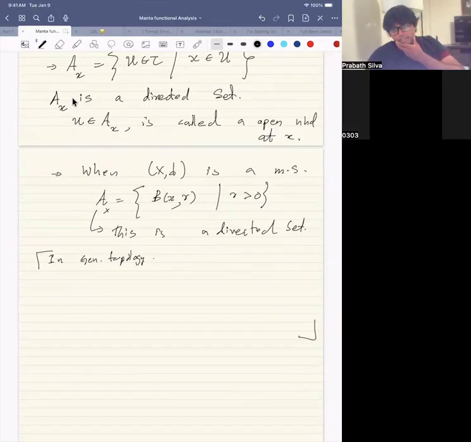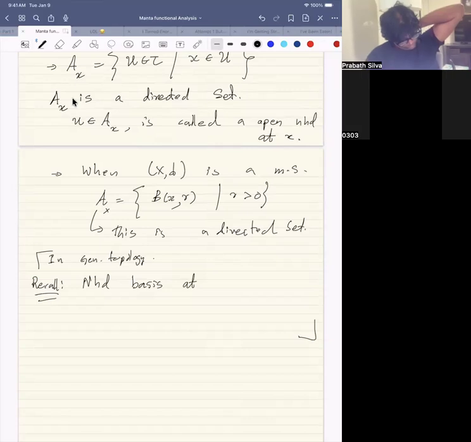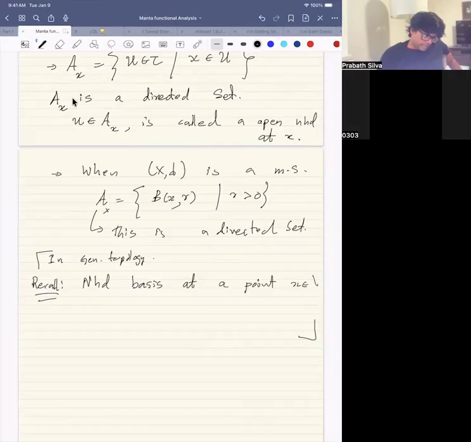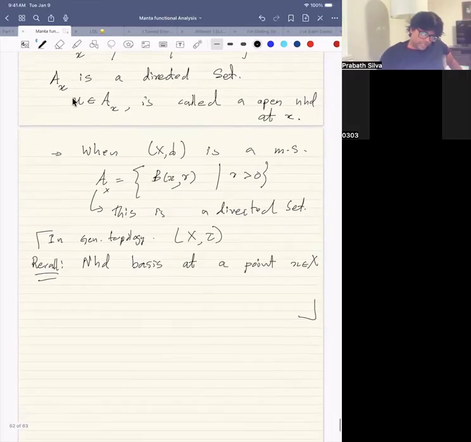And then you have a notion of a neighborhood basis at a point X in capital X. So you have X, tau a topological space.